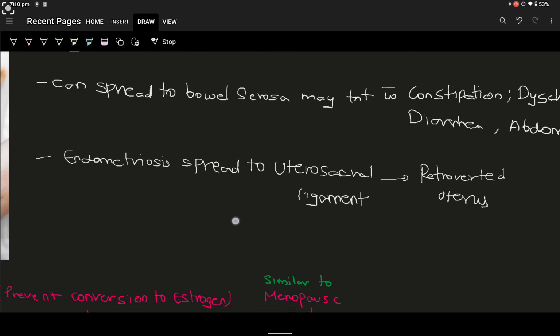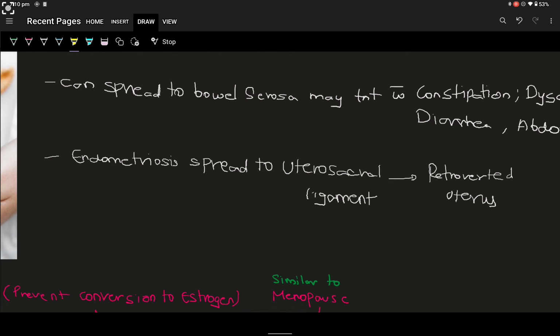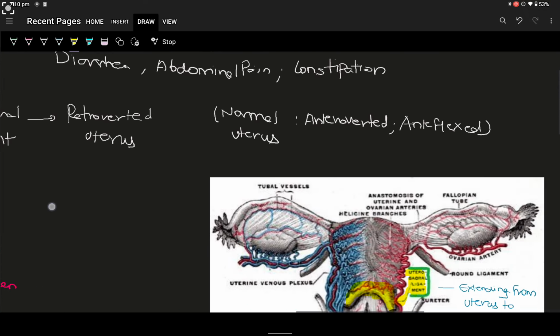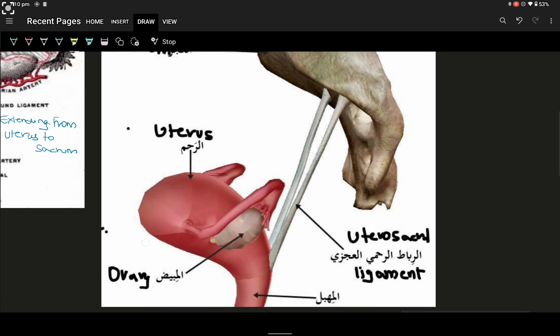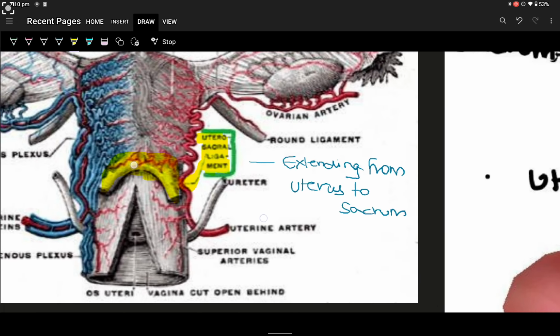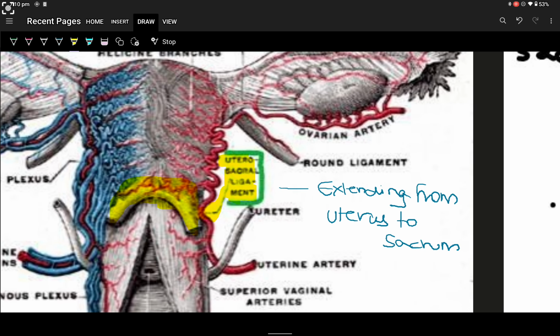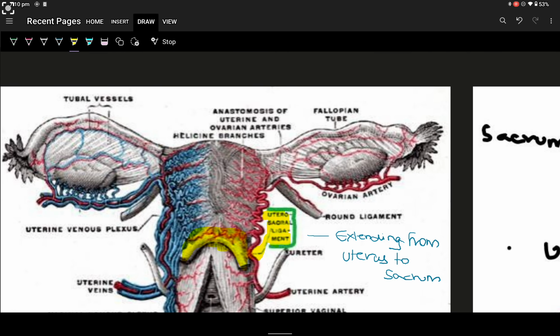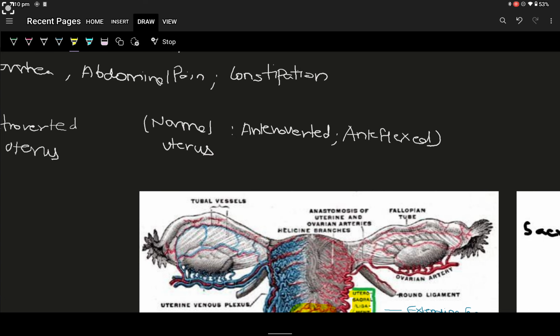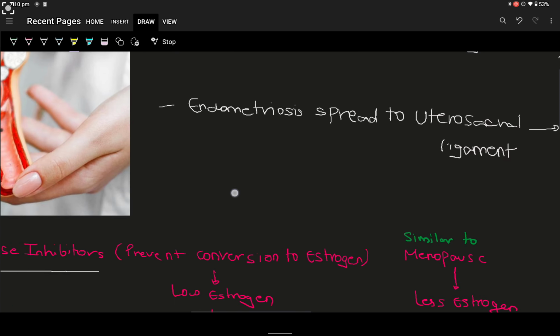And when the endometriosis spreads to the uterosacral ligament, that is the ligament connecting the uterus to the sacrum, which can be seen here in this diagram as well, it would lead to retroversion of the uterus, which normally is anteroverted and anteroflexed.